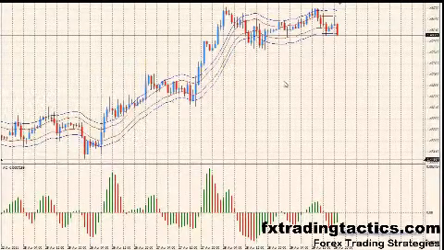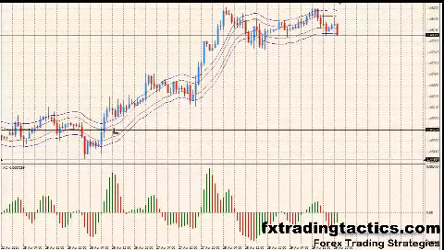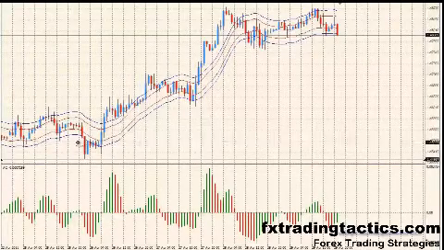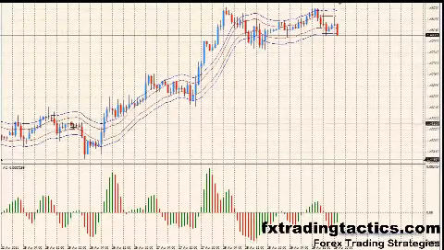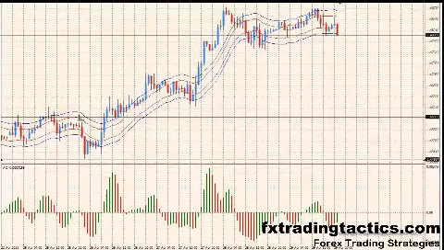Now for the take profit target, it can be done a couple of ways. You can target somewhere on a previous high like this. Here's a previous high around here, so you can maybe place it around about there.